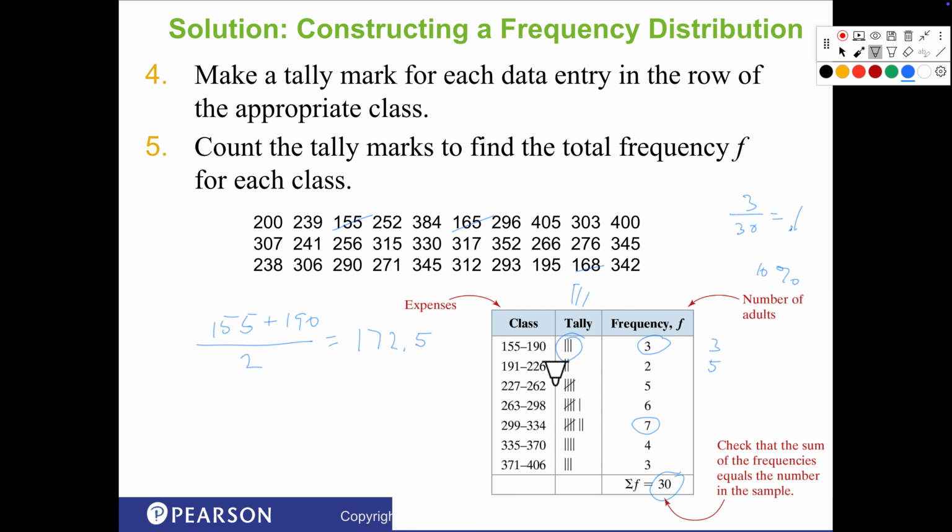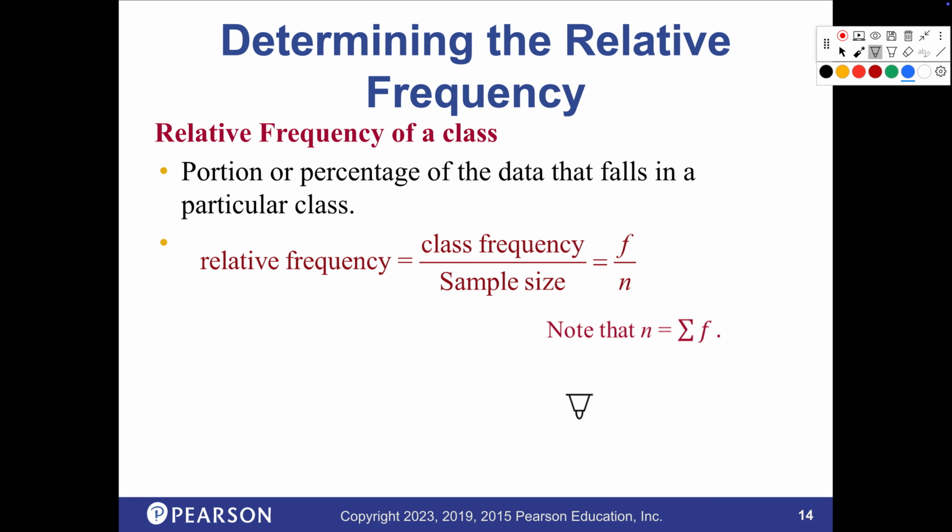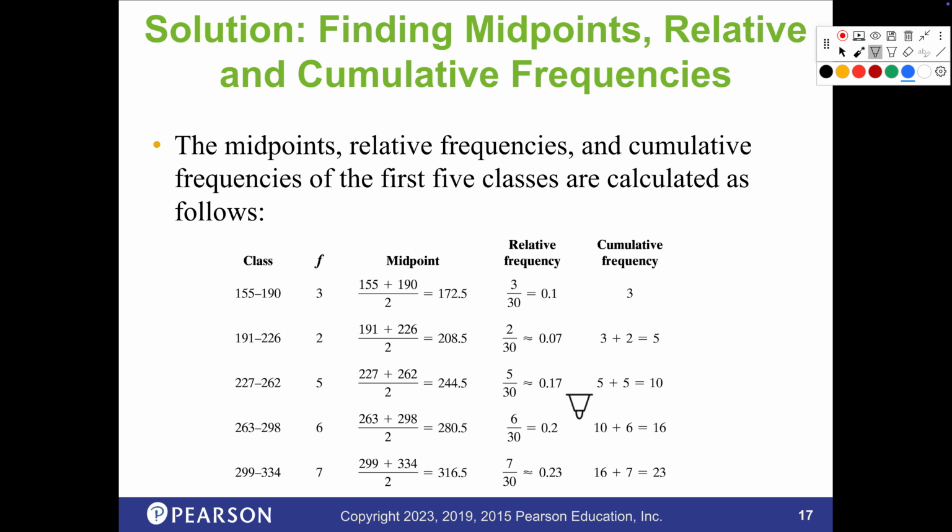So I could quickly say how many are less than 226? 5, okay, because that's the cumulative amount. The next one, 5 plus 5 is 10. So again, it gives you a quick way of saying how many are less than the upper limit of 262. You've got this cumulative count. So that's another part that is typically in a frequency table.